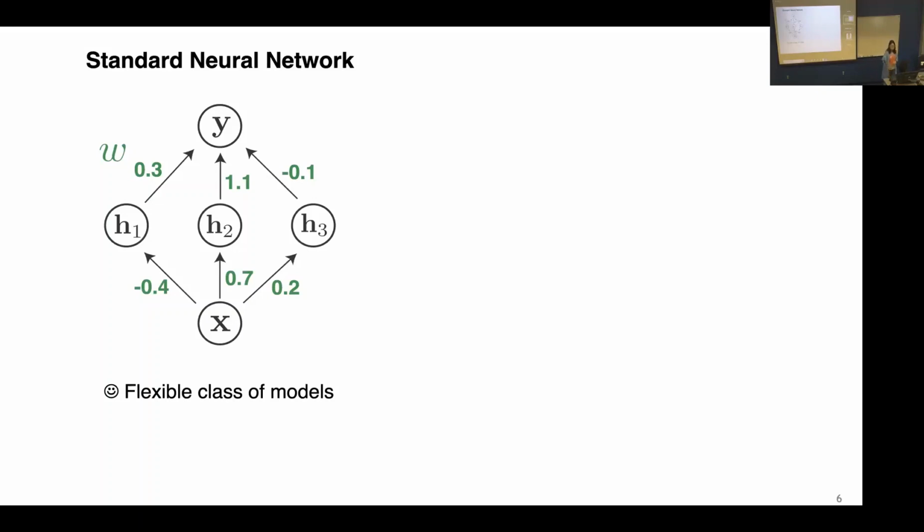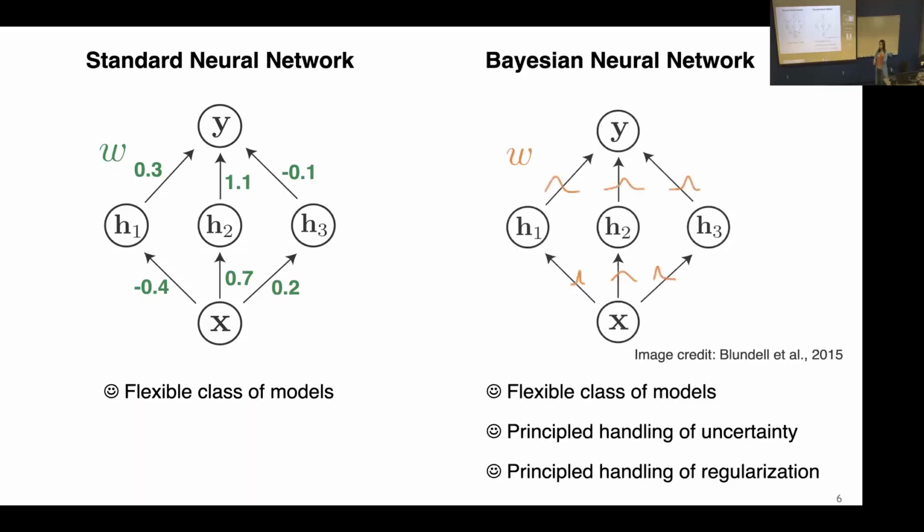But there are some drawbacks of deterministic models, right? Because you cannot really easily handle uncertainty, and cannot easily impose some regularization over the weight. But there can be a broader class of regularization which helps with the generalization. So that's what Bayesian neural network can do.